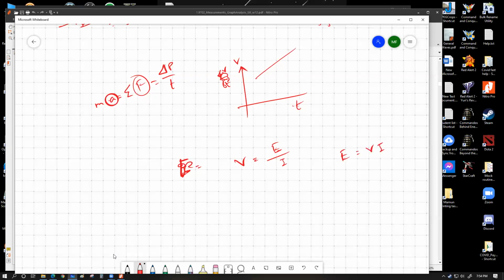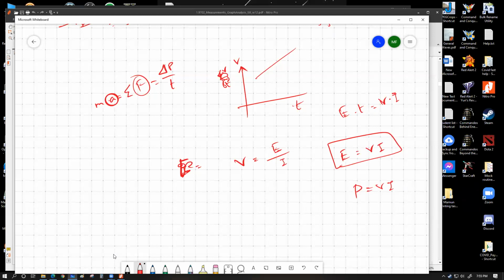But we know from our O levels that this is not a correct equation. We have learned in our O levels that power is given by V into I, not energy. So the correct equation should have been energy divided by time is given by voltage into current.